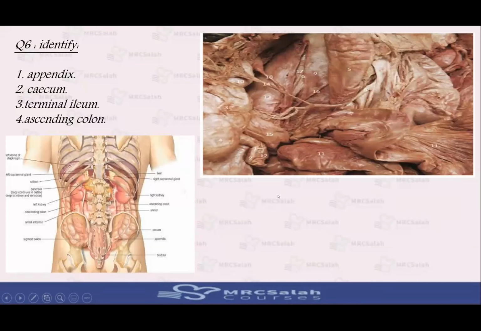is the mesoappendix. You're not requested to know number 1 and 12. They usually ask about the appendix, and the picture that comes in the exam is not going to look like this exactly. It's going to be a posterior view from the back, and you will have to look for the appendix, which is right here. This is one of the worst stations about identification.